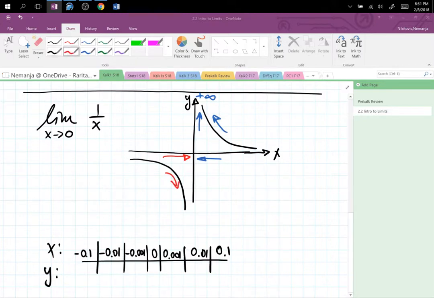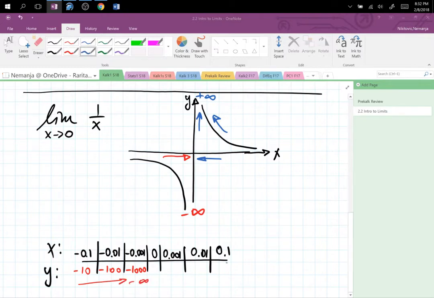Now, for our red calculations, negative 0.1, so 1 over that is negative 10. Then negative 100, then negative 1,000. Next ones are negative 10,000, negative 100,000, negative a million, negative 10 million, negative 100 million, right? So hopefully you see that this trend goes to negative infinity.